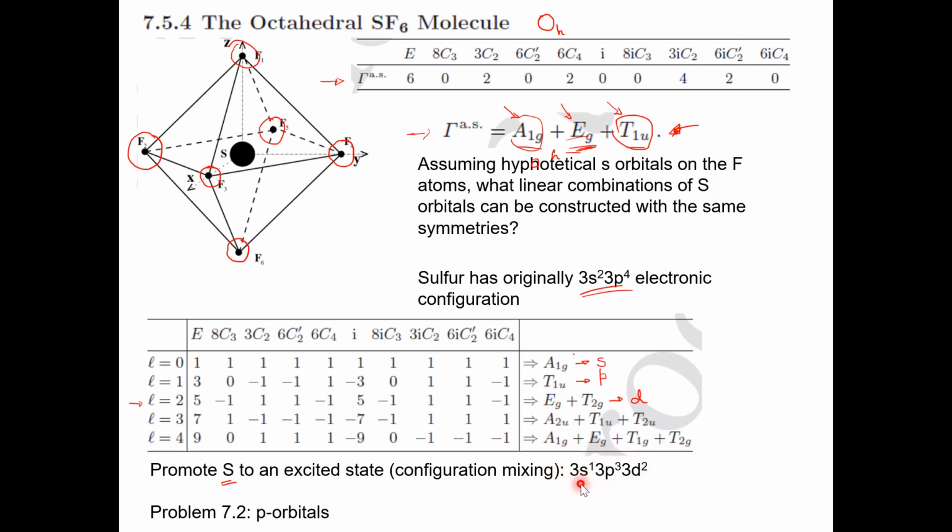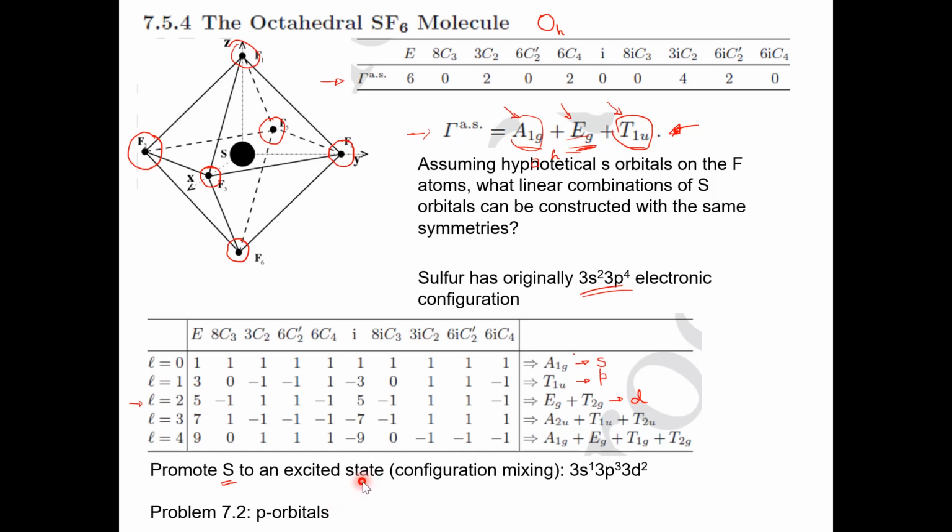Okay, so this is what happens. And as I said, this is a simpler situation in which I considered s orbitals in each of the fluorine atoms. But in the problem set, you're going to consider the real thing, which is considering p orbitals.